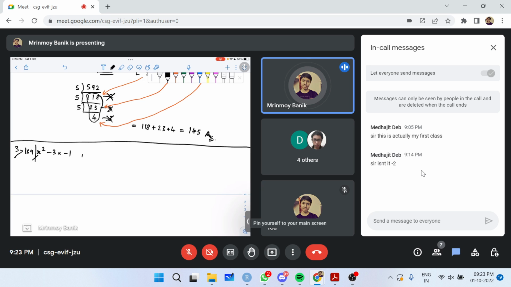So this basically means that 169 never divides x squared minus 3x minus 1 for all values of x in natural numbers.